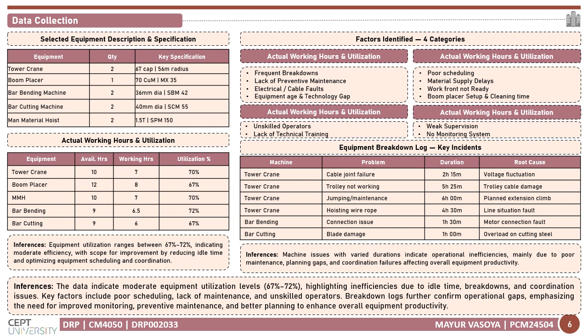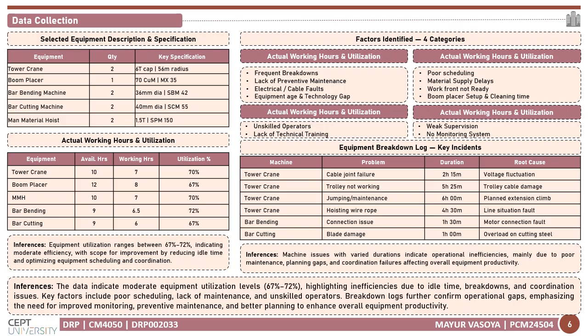And the MMH was available for 10 hours and worked for 7 hours, giving 70% utilization. These values show the equipment utilization ranges between 67% and 72%, which indicates moderate efficiency. However, it also means that a significant portion of available time is lost due to idle time, waiting time, breakdowns, material delays, or coordination gaps.